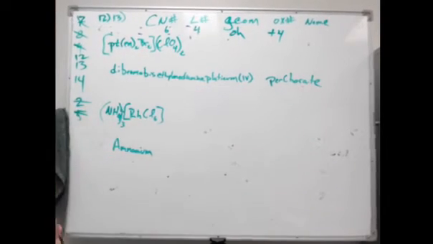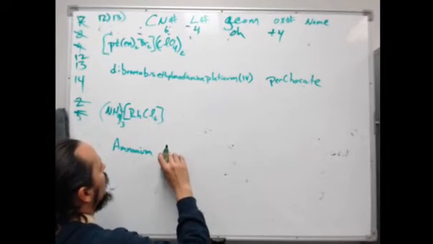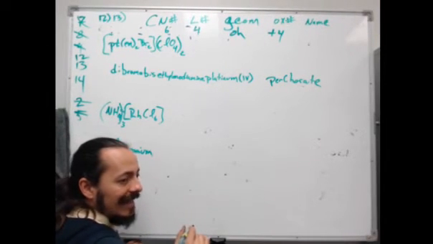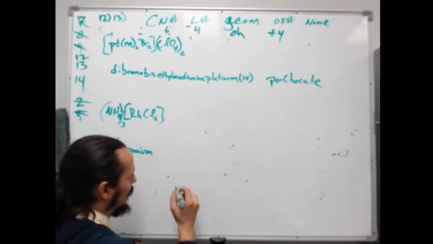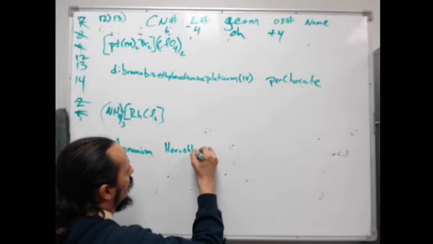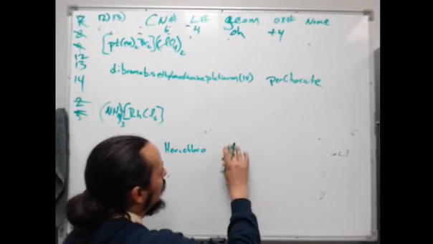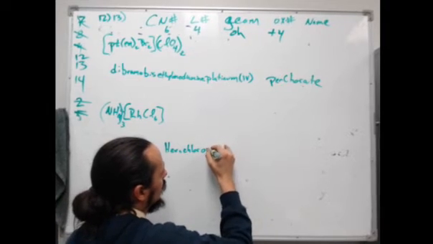Ammonium, and then I'm going to have a space, I'm going to have hexachloro, that's the system, right? Hexachloro, yeah, rhodium is the element there.